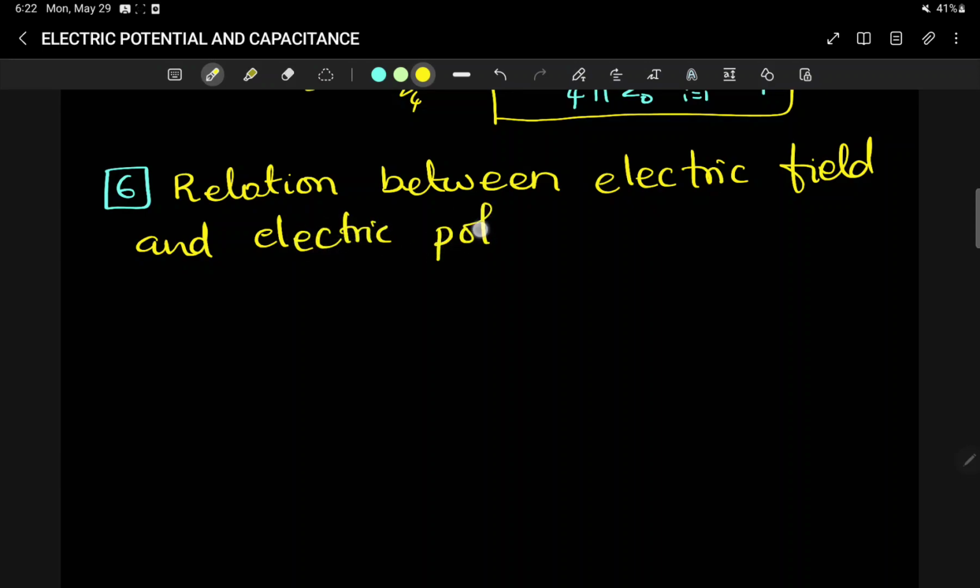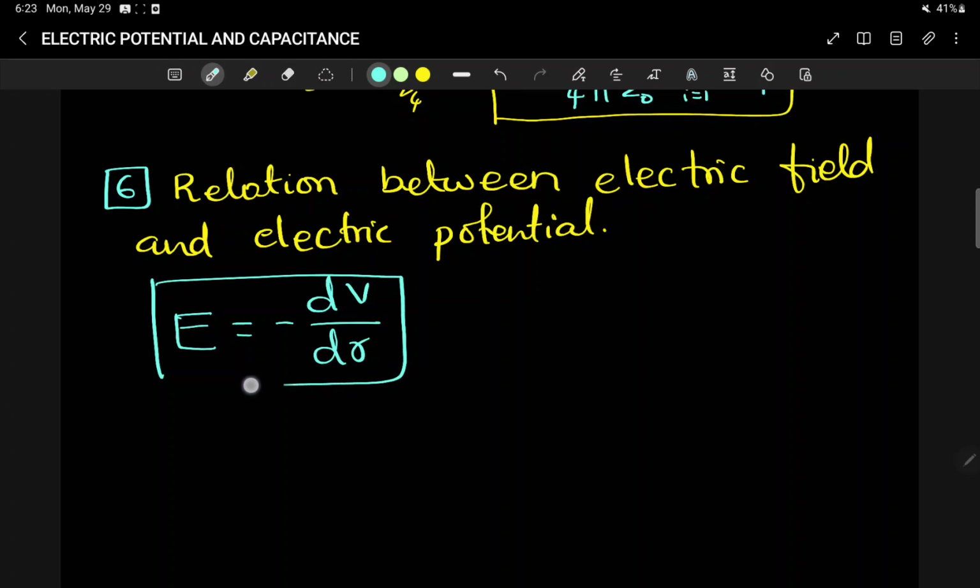What will the formula be? We have derived this by using equipotential surfaces. For 3 marks we have a derivation, right? There we have derived this. If you consider it three-dimensionally, you will get this.